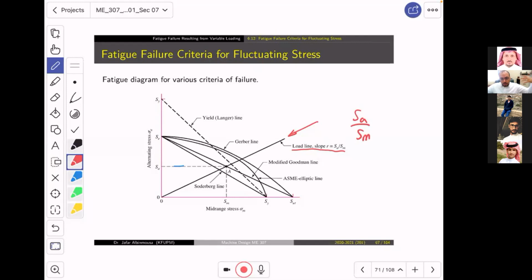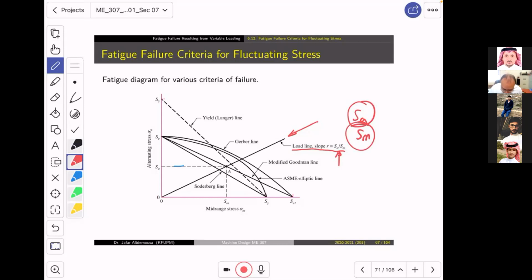Tan theta, which is the slope, is related to the tangent of y over x. And this is like y because in the y-axis, and this is like x. So if you look at this line, this is an equation for a line. This line has an equation which is r, the slope, is equal to SA over SM.